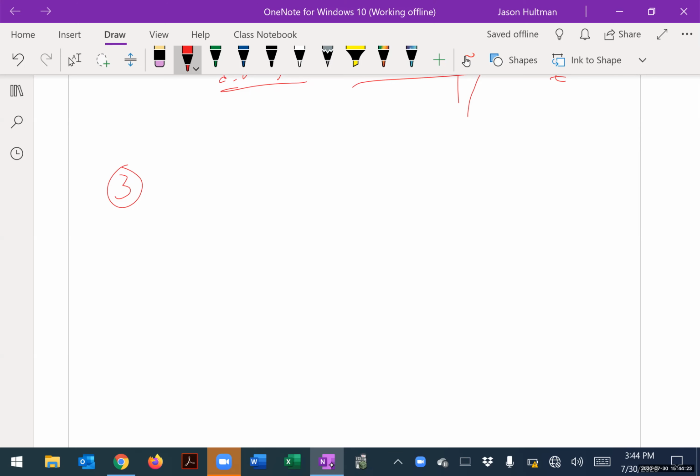Number 3 is determine if the series summation n equals 1 to infinity of natural log n over n converges or diverges.